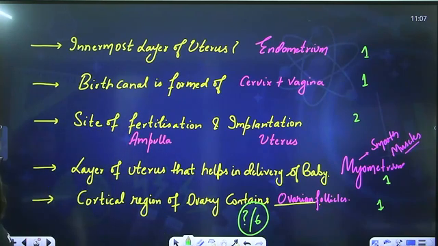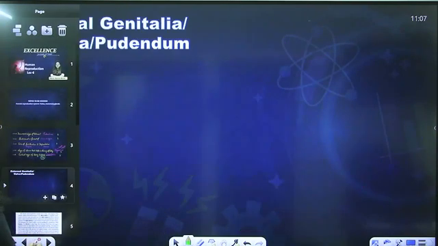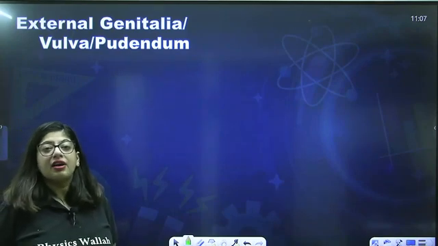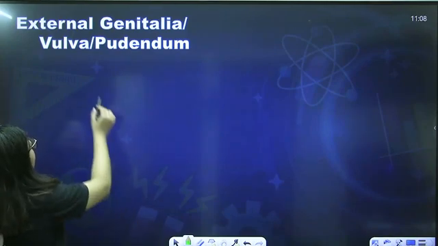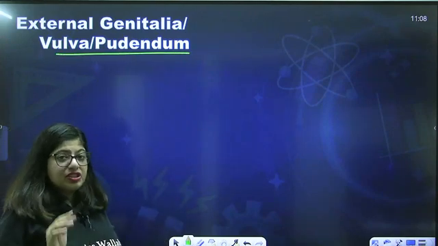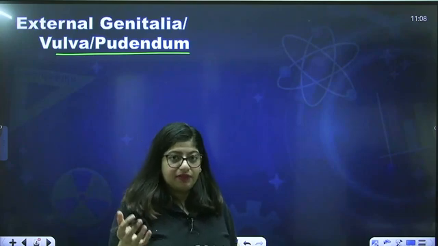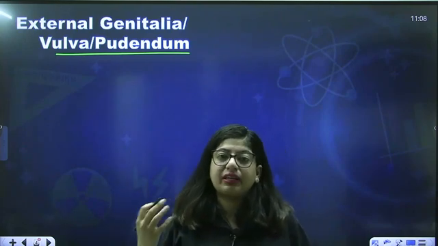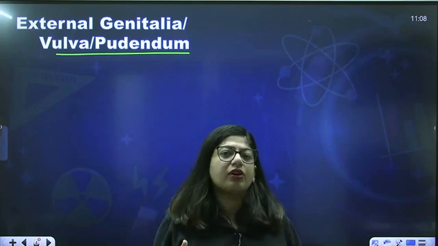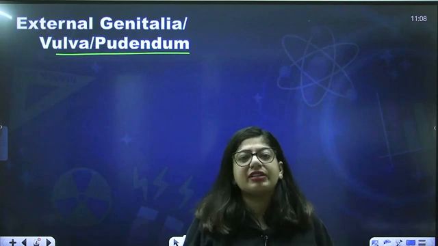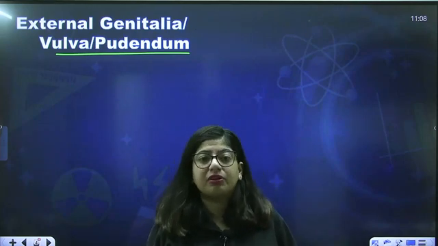Okay. Anyways, let's get started with the female external genitalia, also known as vulva and also known as pudendum. Okay guys, now just like in males we had external genitals, we had penis as the main external genital, and scrotum is also sometimes considered as external genital, but it contains testes inside, which is a primary reproductive organ.